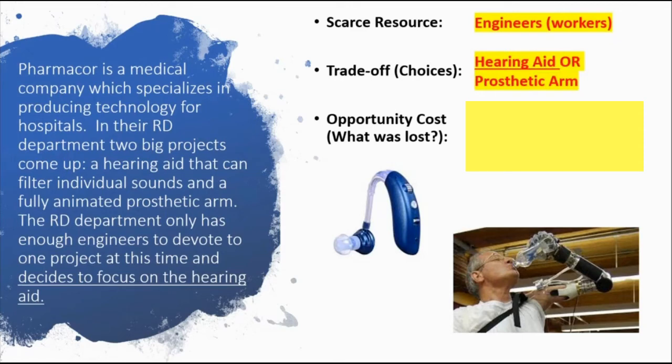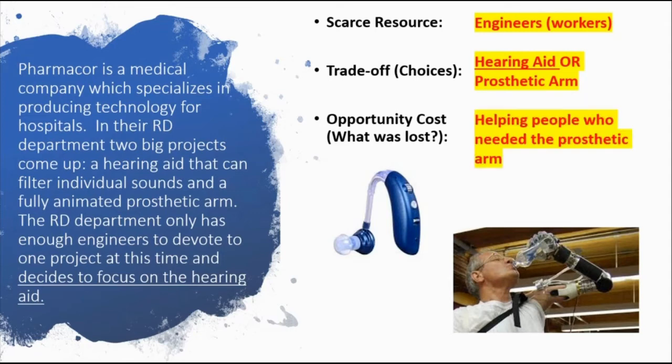And the scenario tells us we are devoting our resources here to that hearing aid, which means we lose the opportunity to develop that prosthetic arm. So we're missing out. We've lost the opportunity to help people who need that prosthetic arm. So that's the cost. It cost us something that we could have done.